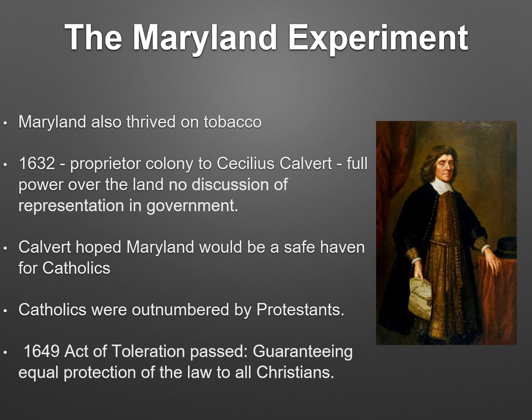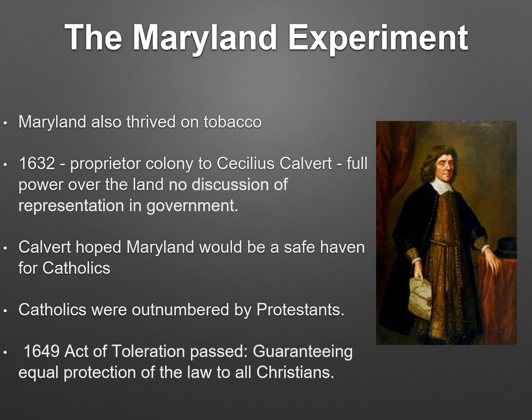So Calvert hoped that Maryland would be a place that they could be safe. They could start and live and not have to worry about any kind of persecution. And initially, Catholics will outnumber the Protestants who are going to start coming here.